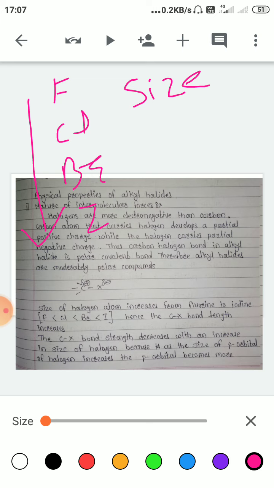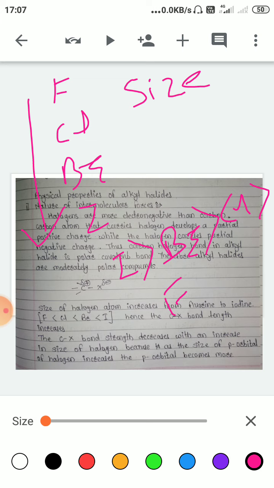That is, the size of iodine is greater than that of bromine, which is greater than that of chlorine, which is greater than that of fluorine.